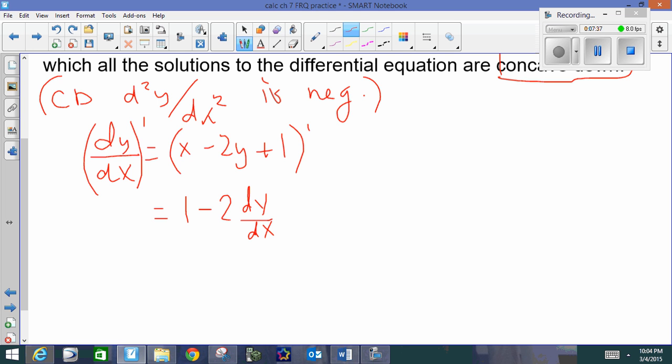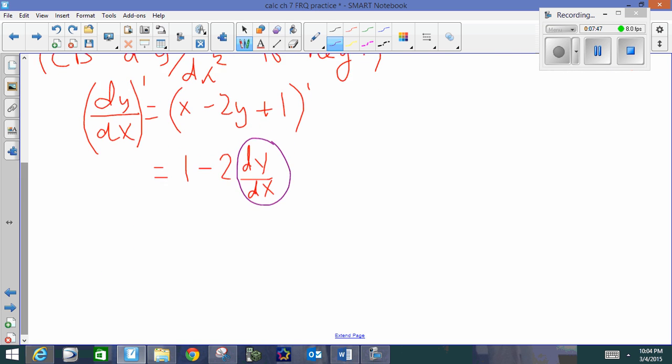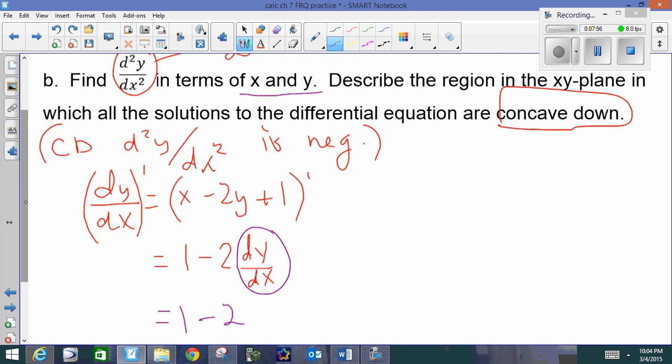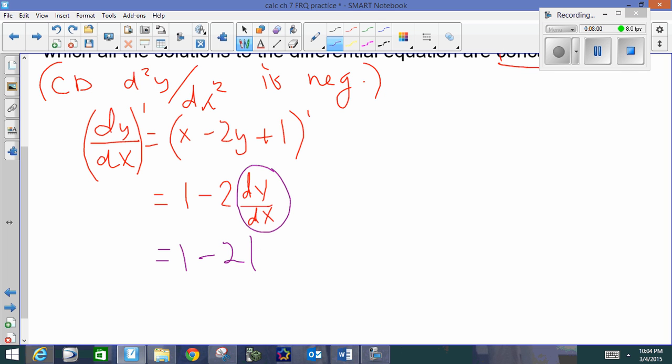The second derivative, we know what this is, because they said in terms of x and y, so we have to replace that. That equals 1 minus 2 times, remember what the first derivative was, it was up here, x minus 2y plus 1.